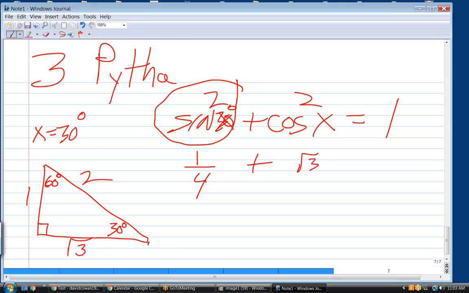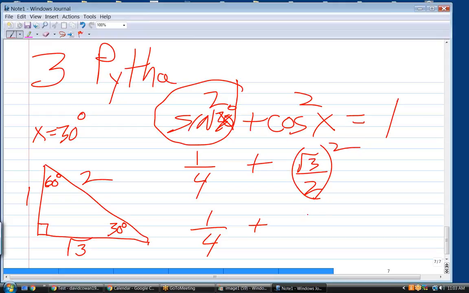Okay, so square root of 3 over 2, squared. Cosine squared of x means cosine x times cosine x, so that's why I take the cosine of x and square it. What's square root of 3 over 2 squared?